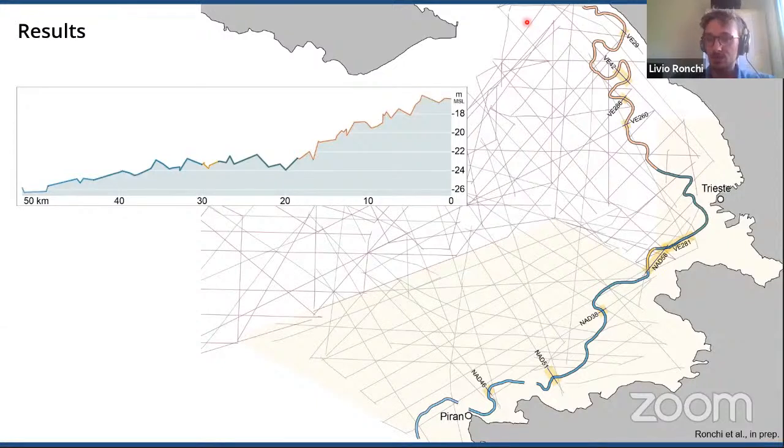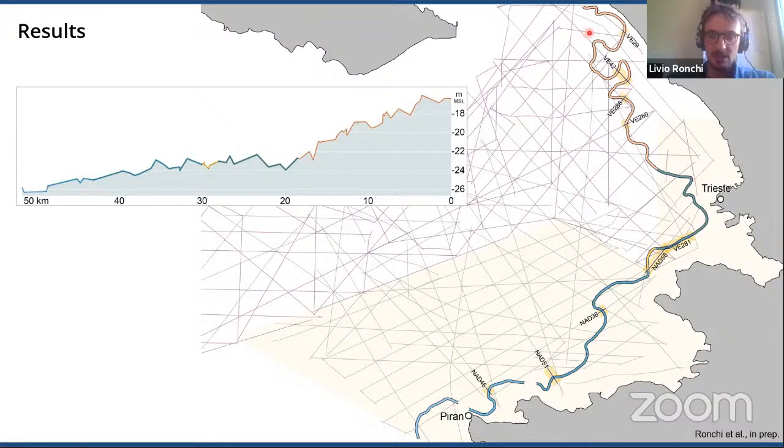This means that the Isonzo is probably the only candidate responsible for the building of these fluvial ridges. And why can we rule out the Timavo? Well, I told you before, the Timavo doesn't have a really wide watershed, nor enough sediment production and sediment transport. So the Isonzo is the main candidate.